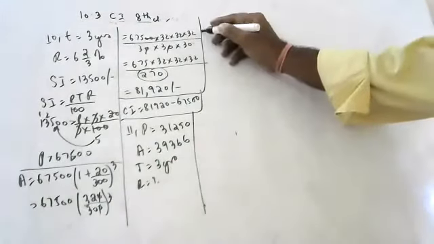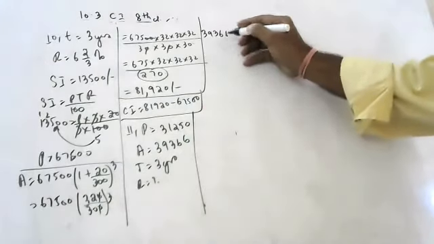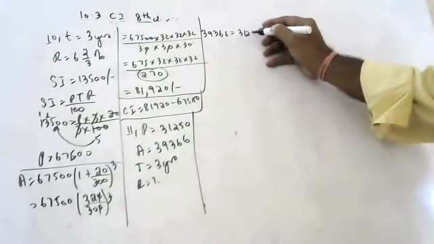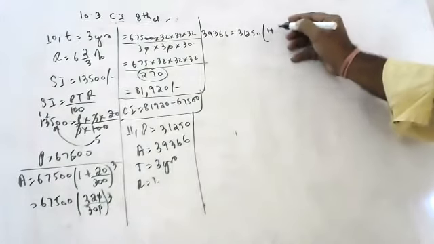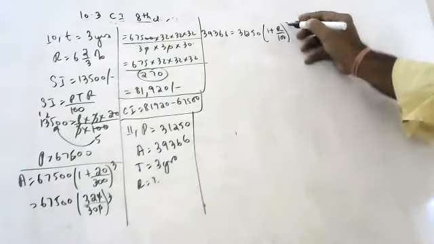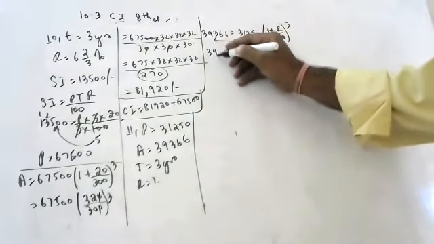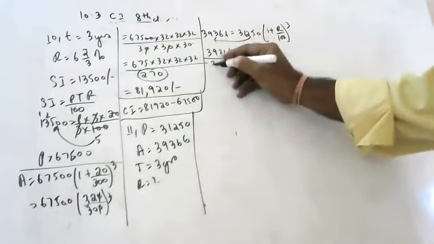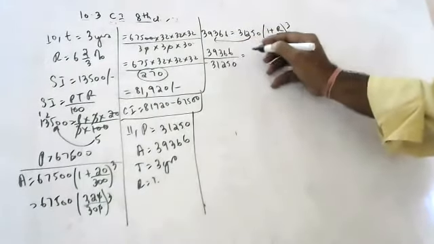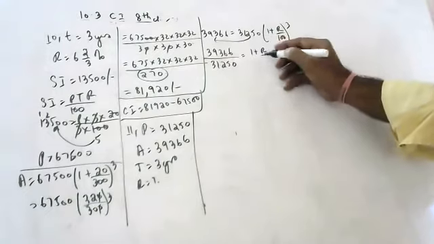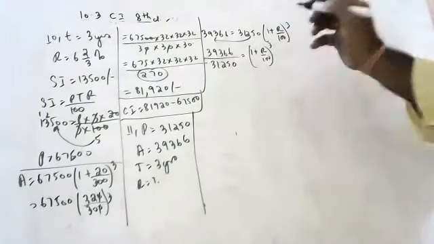Amount is equal to, direct substitution: 39,366 is equal to 31,250 into 1 plus r by 100 whole to the power of 3. So 39,366 by 31,250 is equal to 1 plus r by 100 whole to the power of 3.